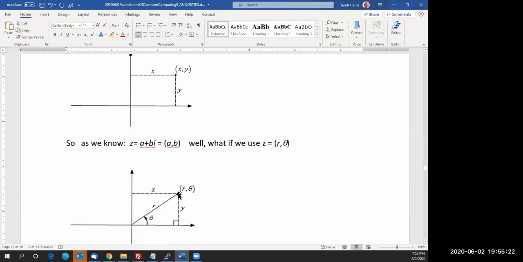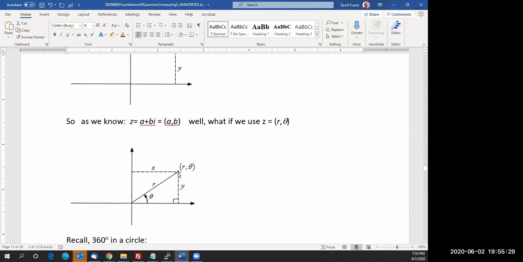So here is a coordinate, the rectangular coordinate would be x comma y. Instead, in polar coordinates, we refer to the same point, there's no difference, as r comma theta. So the length of the hypotenuse, comma, the angle that is here.